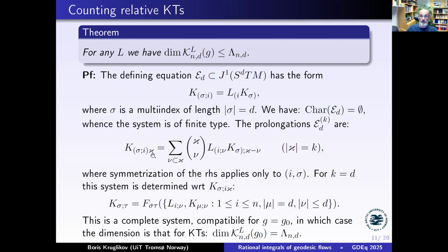Here I differentiate by a multi-index kappa of length k. Okay, and the left hand side is clear. I have this, and the right hand side I have some complicated thing of this kind, because of the Leibniz rule: we differentiate a bit here, differentiate a bit here, therefore I get a binomial. Yes, a bit difficult with notations here. The left hand side is clear because it's symmetrization here by d plus 1 indices, sigma of length d and i of length 1.